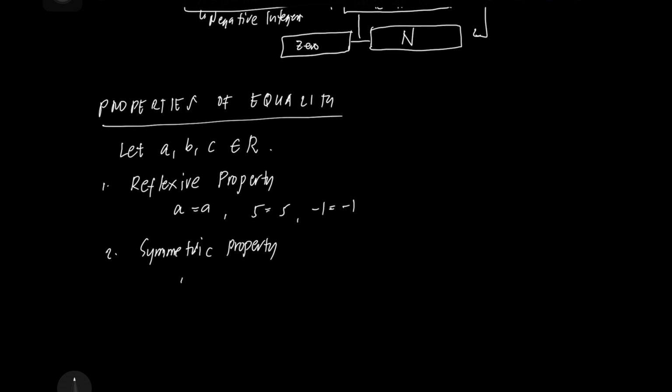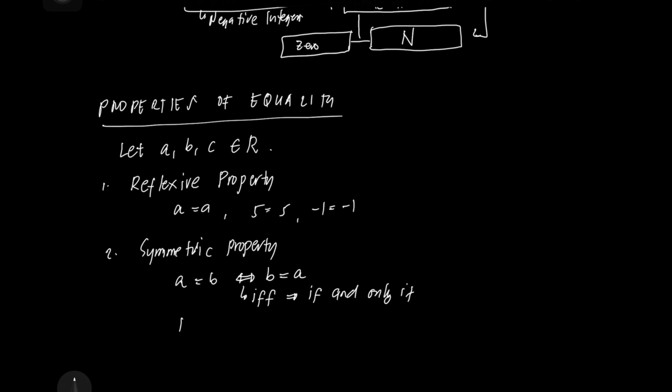Second, we have the symmetric property. The symmetric property says that A is equal to B if and only if B is equal to A. In mathematics, this symbol is read as if and only if.